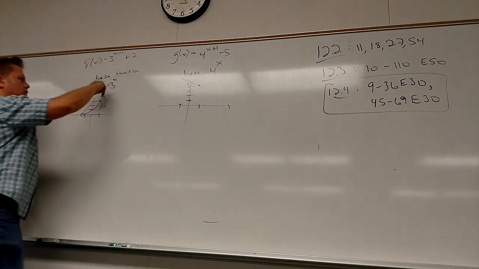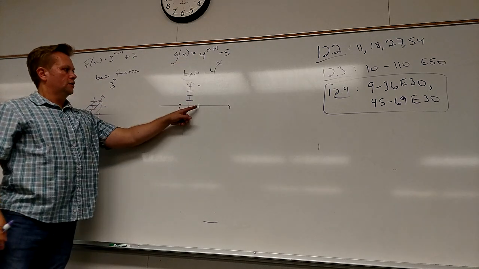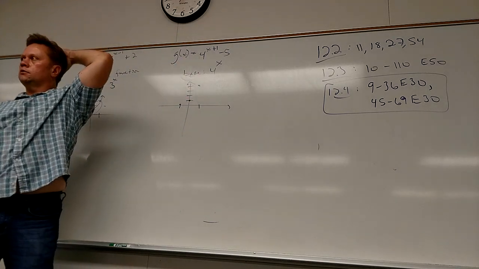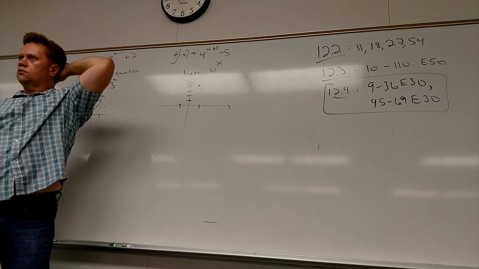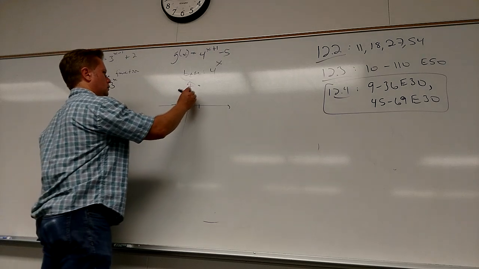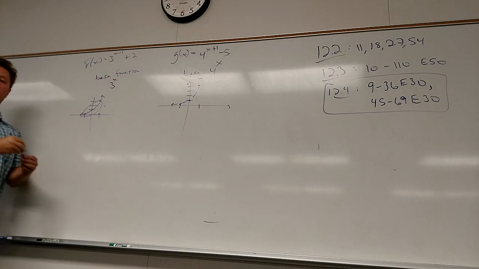See how that point's going to be higher than that point. So if the base was 100, the 1 would go to 100. It would grow very fast. And then the negative 1 is part of how it moves.